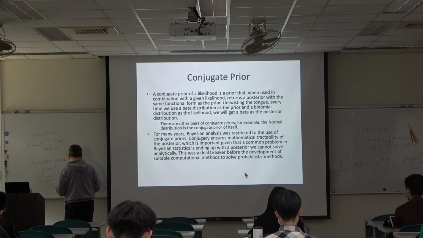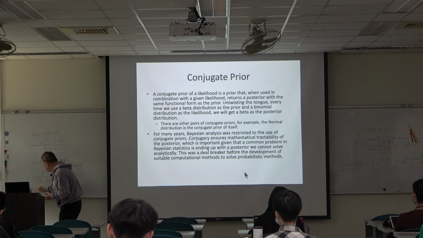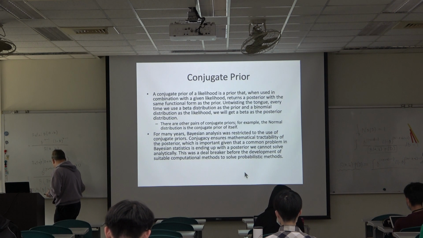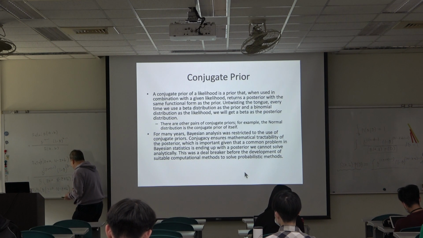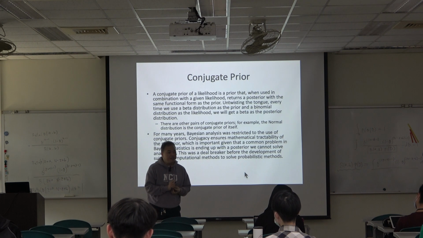The important thing here is the integral of the beta distribution of theta, given Z plus A and N minus Z plus B, d theta, should be 1. It is a distribution.